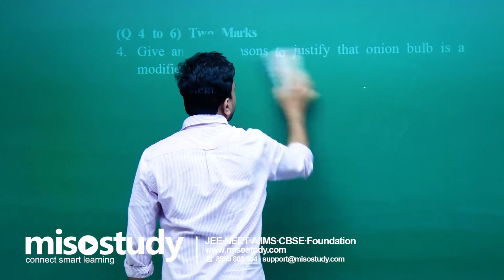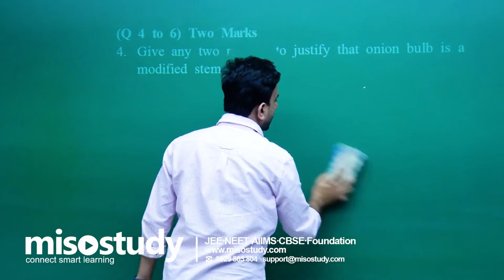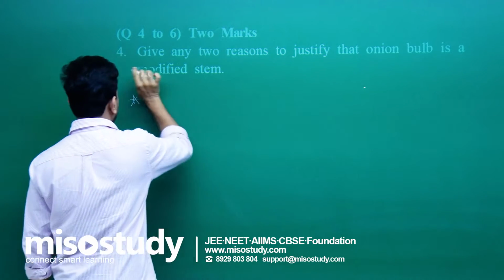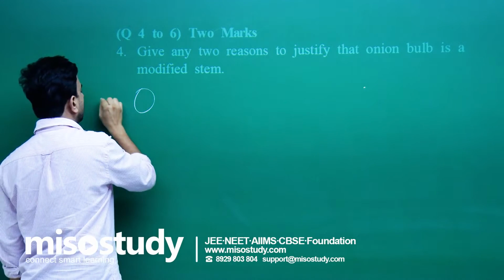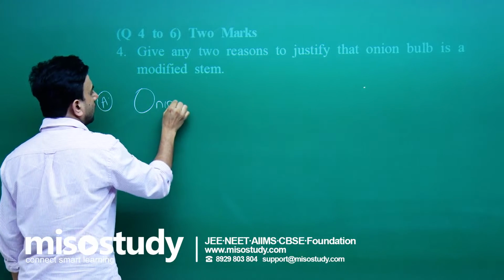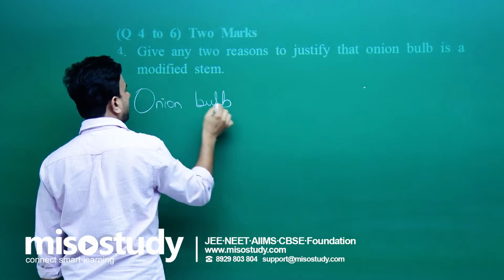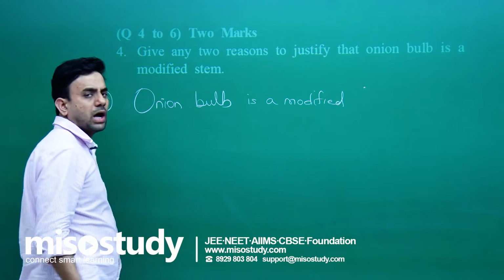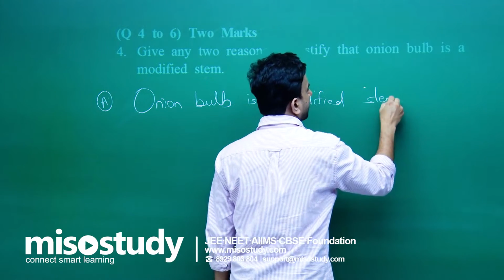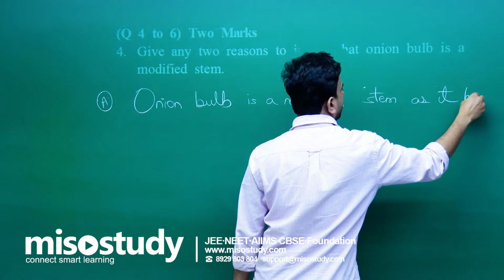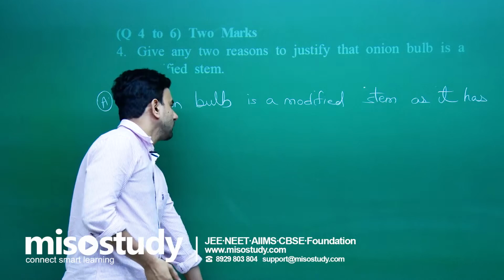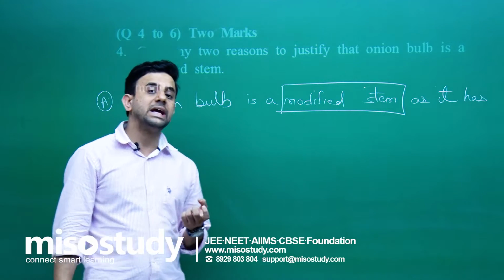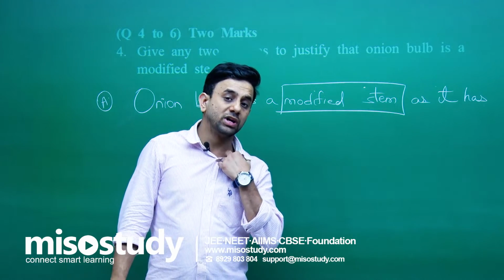Yes, the onion which we eat is a modified stem, as it has fleshy and scaly leaves which store food, which is what we eat.